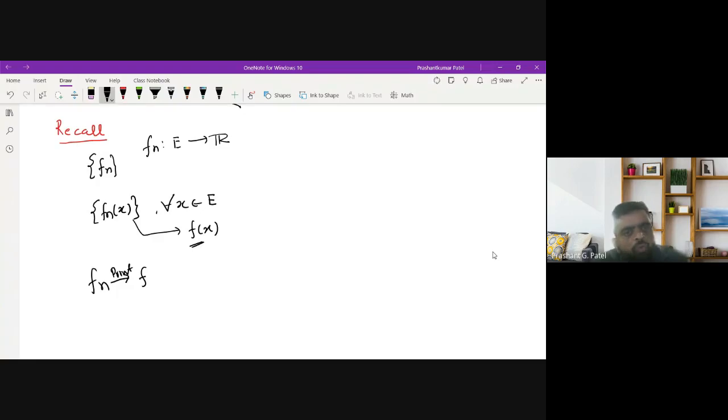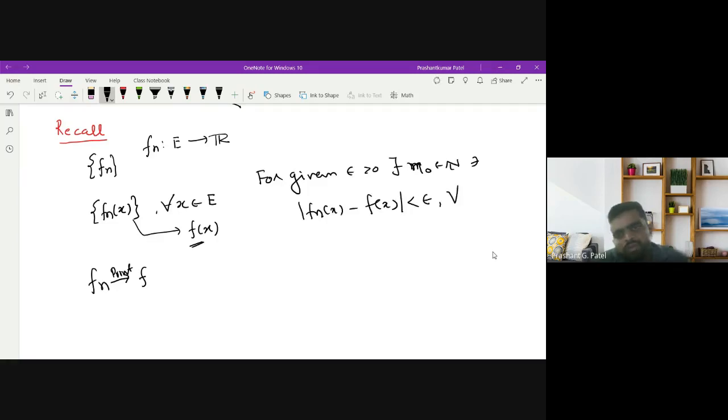By the epsilon definition, for given epsilon greater than 0, there exists n0 belonging to N such that |f_n(x) - f(x)| is less than epsilon for every n greater than or equal to n0 and for every x belonging to E. This n0 may or may not depend on x.